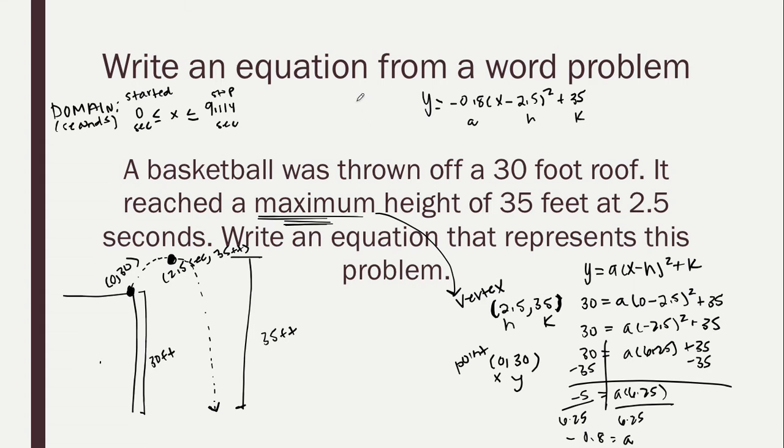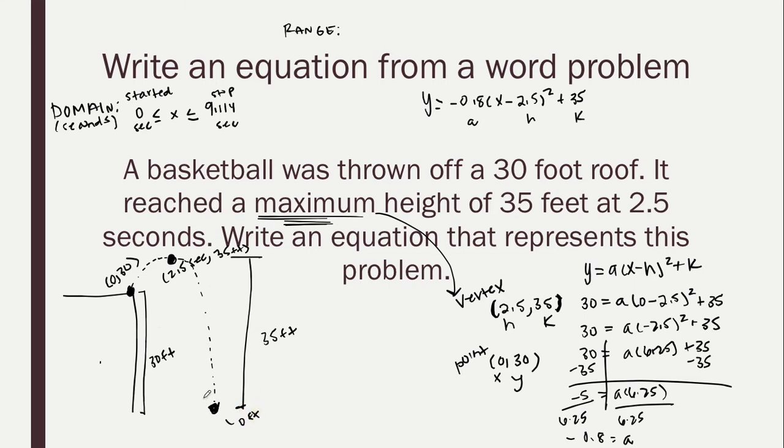Well, let's talk about range. Why is my range not everything less than 35? Why is it not y is less than or equal to 35? Well, is it everything less than this point? Even the negative? No. What's the lowest that the basketball was at? 0 feet.